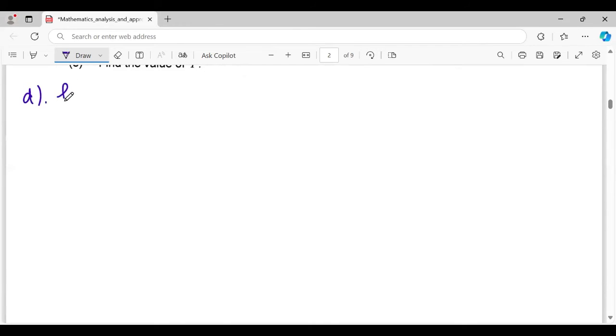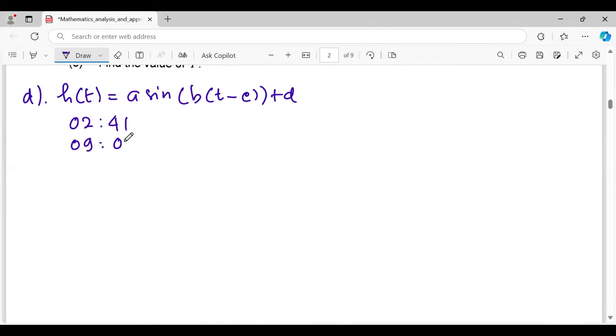So the function is T equals A sine(B times (t minus C)) plus D, right? And the times are 2:41 and 9:02.